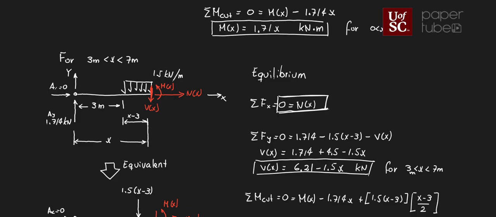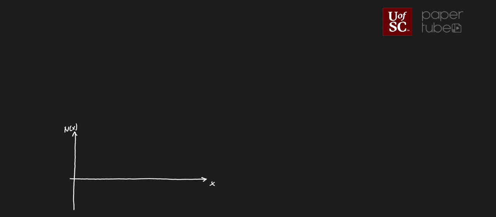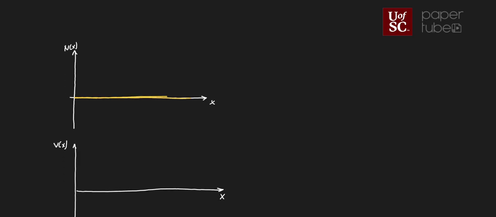So in my normal force diagram, this is 7, and this is going to be my normal force, all equal to 0. And this over here will be 7, this is x in meters. We got 0 for everything, so that's going to be our normal force diagram.